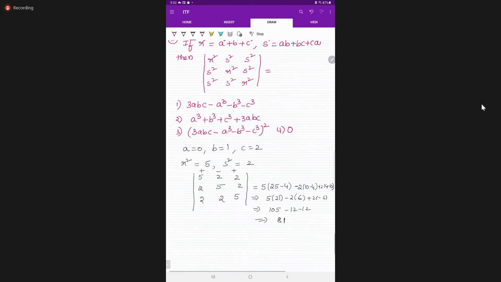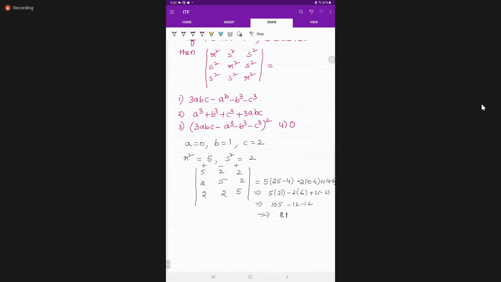81. Check the options. The fourth option is 0, so it is wrong. The first option: 0 minus 0 minus 1 minus 8, which is minus 9, so we won't get 81.